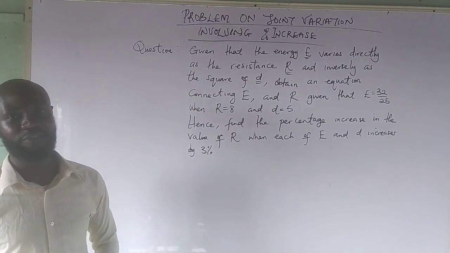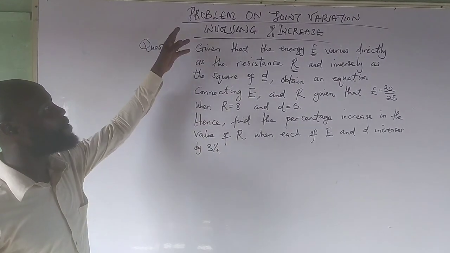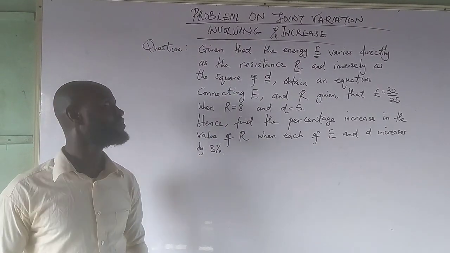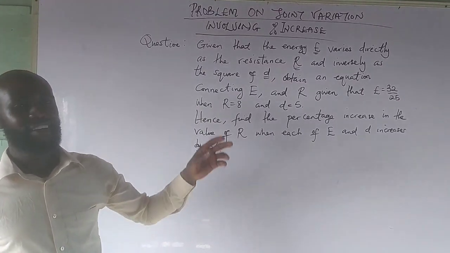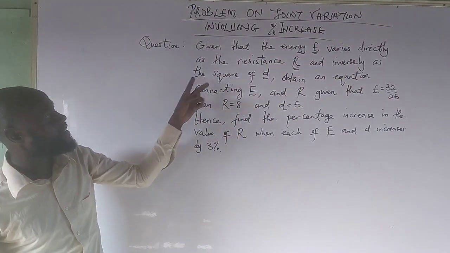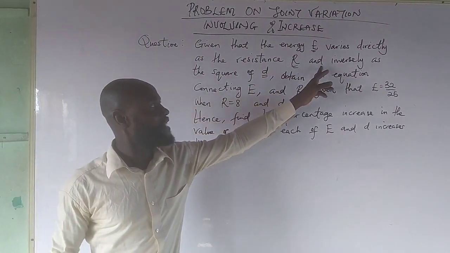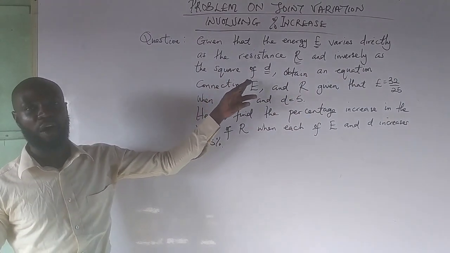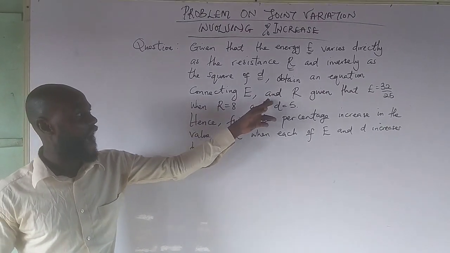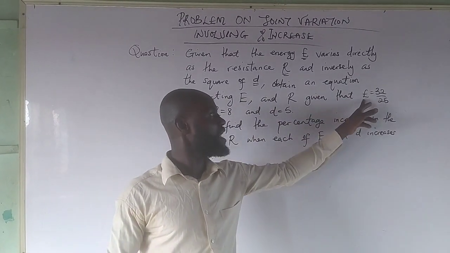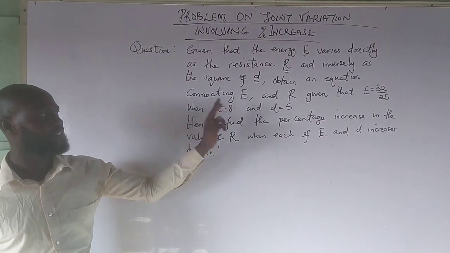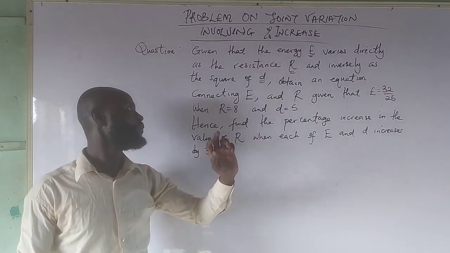Let's see the way we can solve this question on the board. It is a problem on joint variation involving percentage increase. The question states that given that the energy E varies directly as the resistance R and inversely as the square of D, obtain an equation connecting E and R given that E equals 32/25 when R equals 8 and D equals 5.